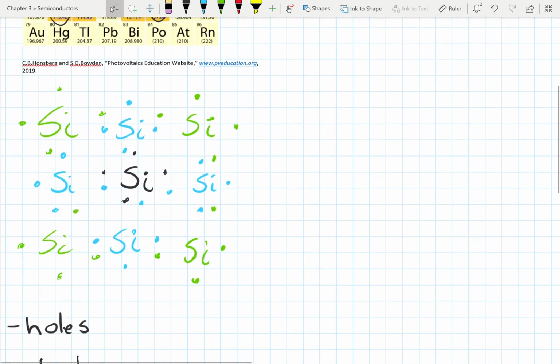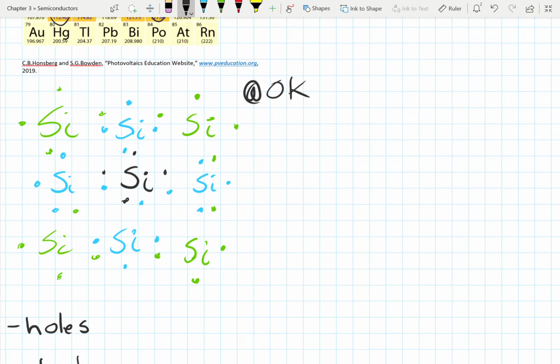At 0 degrees Kelvin, so this will be at 0 K, your silicon lattice looks something like this. I'm just zooming in to the basics. A silicon lattice is just your silicon semiconductor.